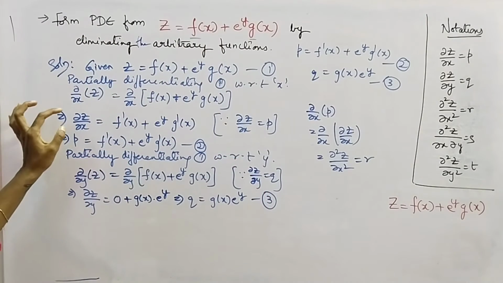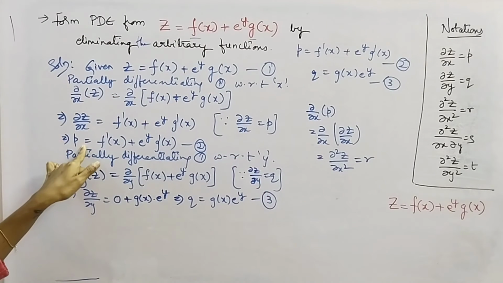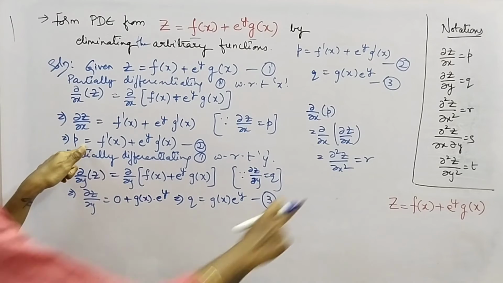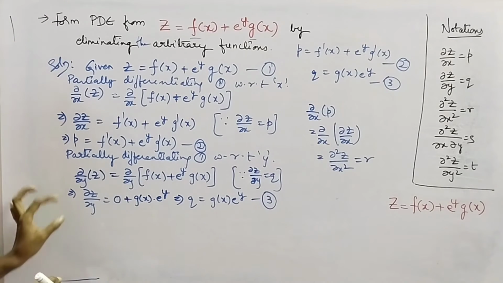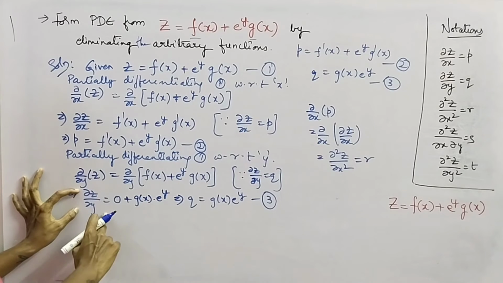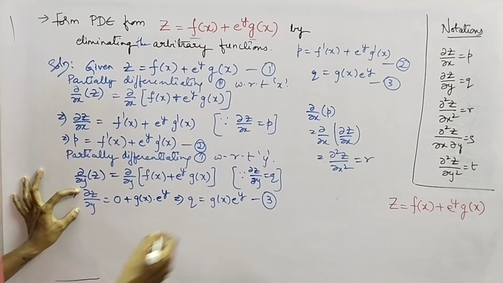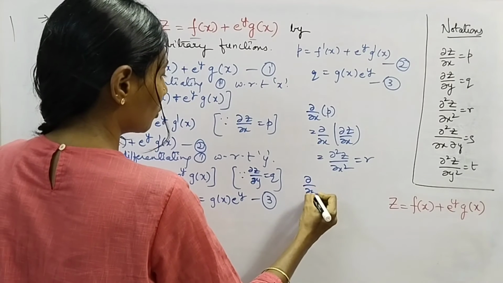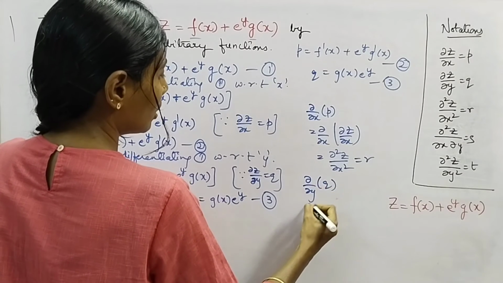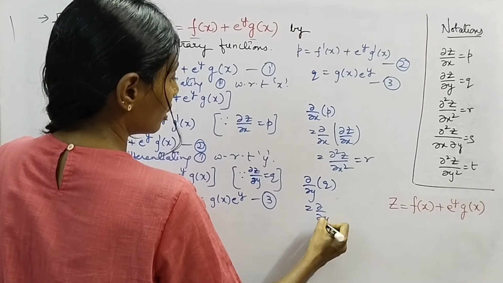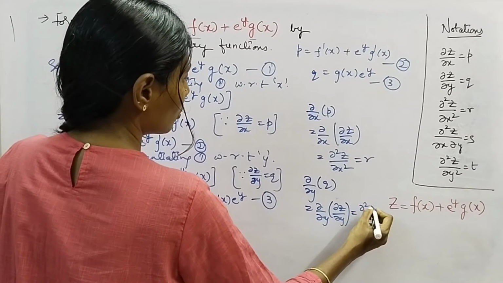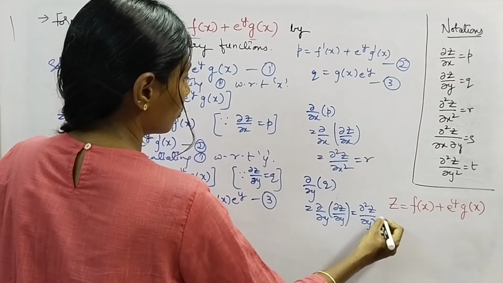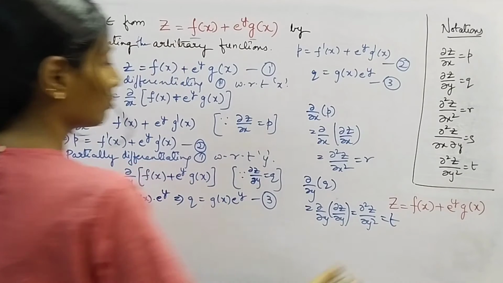Likewise, if you partially differentiate q, which is nothing but dou z by dou y, with respect to y, it gives us dou square z by dou y square, which is t.